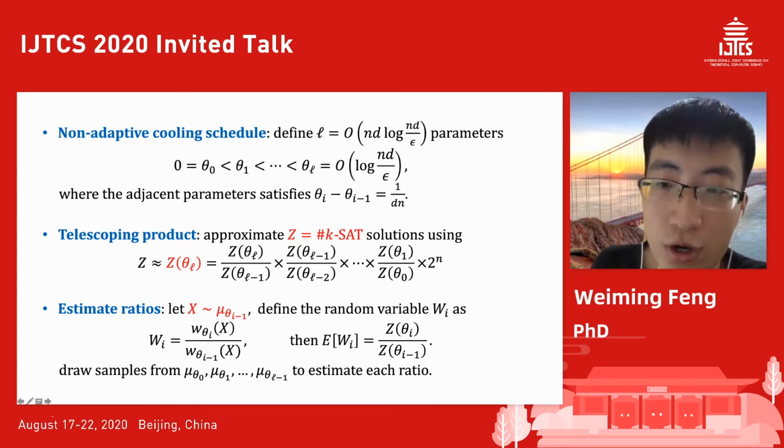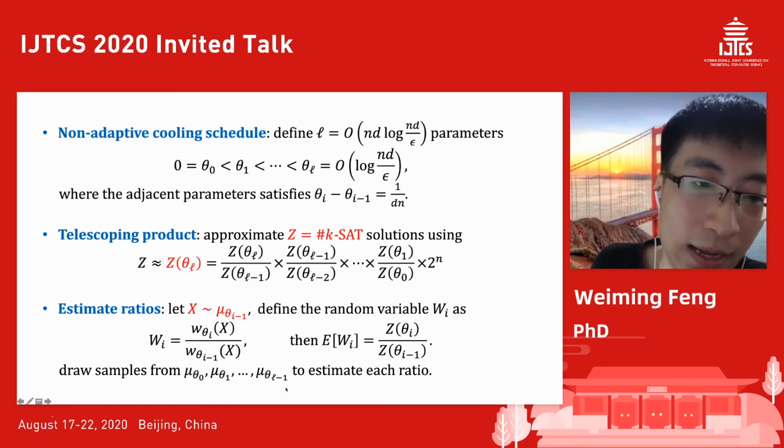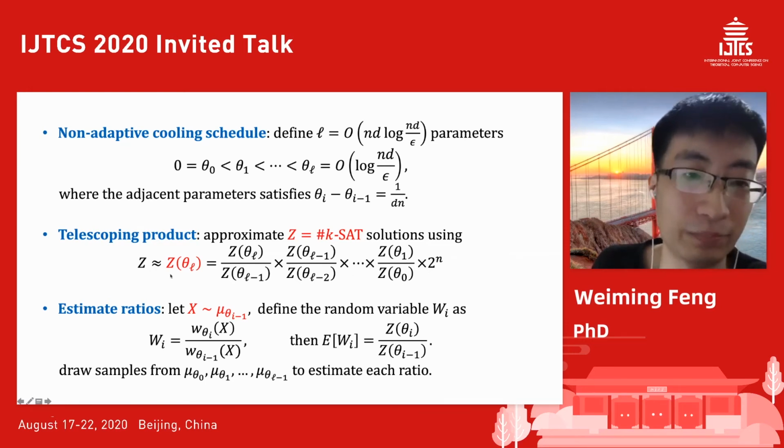So we can draw random samples from each distribution mu theta 0 to mu theta L minus 1, and we can estimate each ratio in this telescoping product, so we can estimate the number of solutions Z.